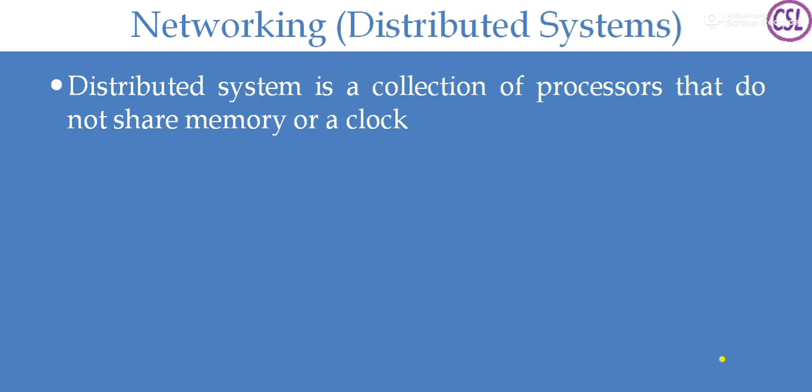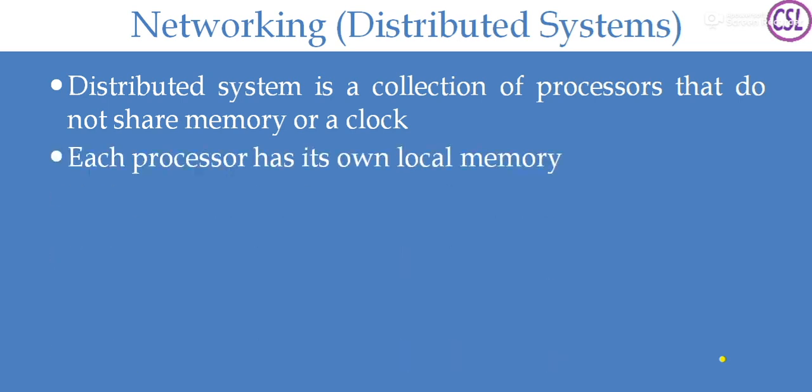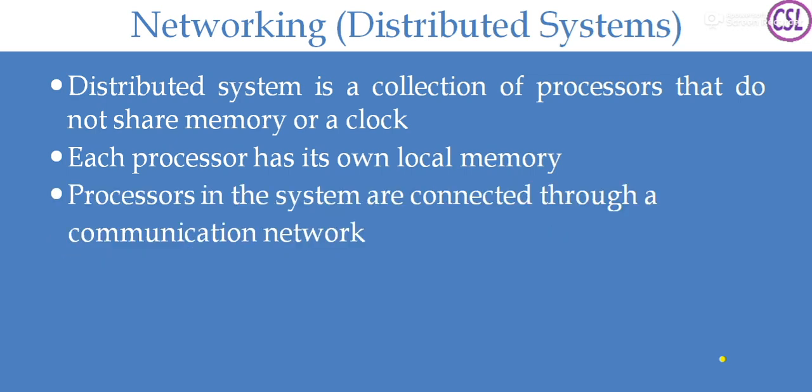So by combining different computers, we can make a communication network, right? And here each processor has its own local memory, so there is no restriction on the memory, and every process can do its execution on its own. And processors in the system are connected to a communication network.